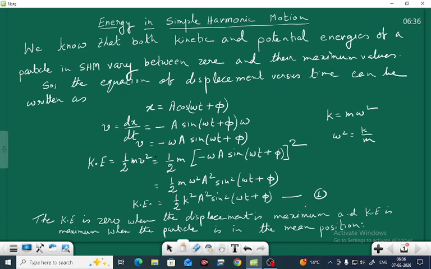Since the sign of v is immaterial in kinetic energy, the period of kinetic energy is T by 2.